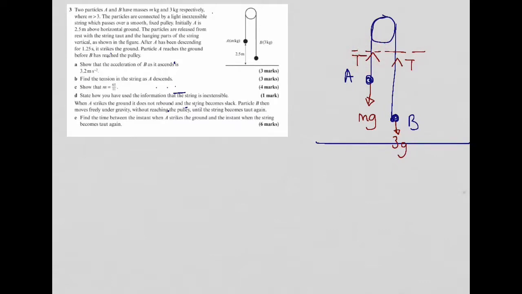Now there is another really important piece of information in here, which is where m is greater than 3. So m, which is the mass of A, is greater than 3. They've told us that for a reason.